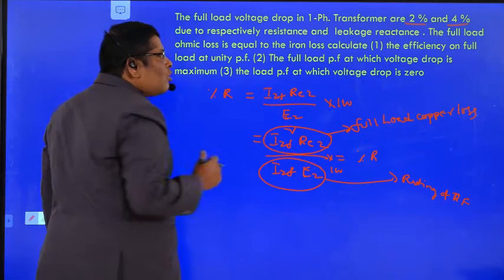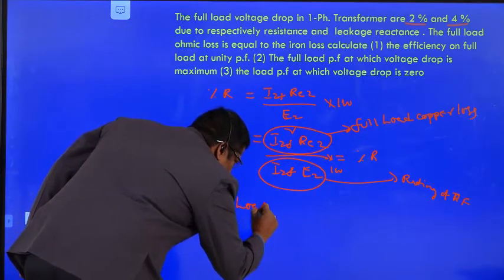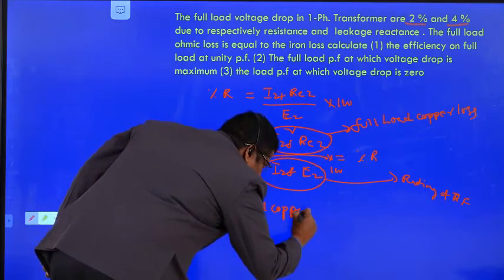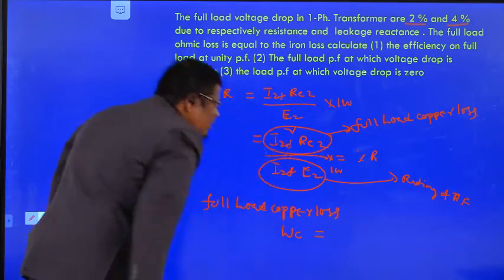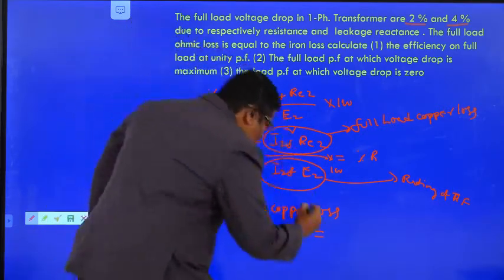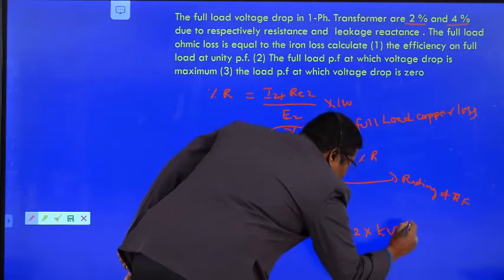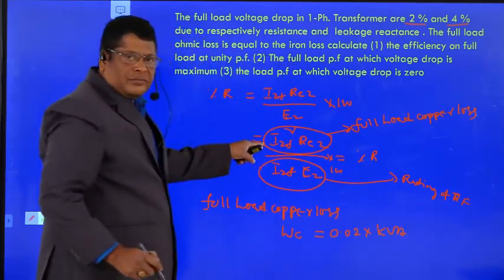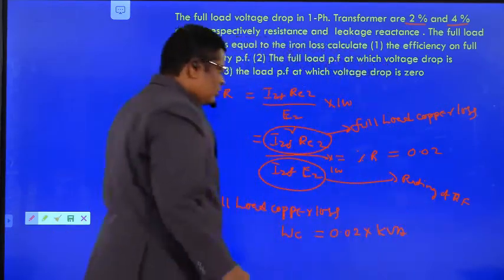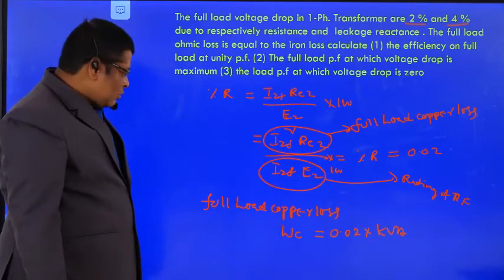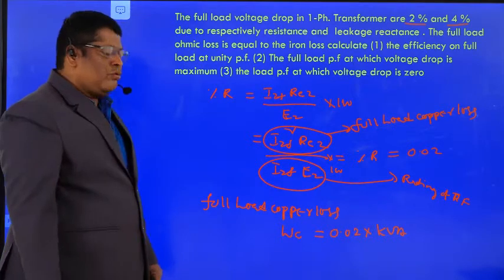So the full load copper loss, which we take as WC, is equal to 0.02 into the kVA rating of the transformer. From this equation, the full load copper loss equals 0.02 into the kVA rating.